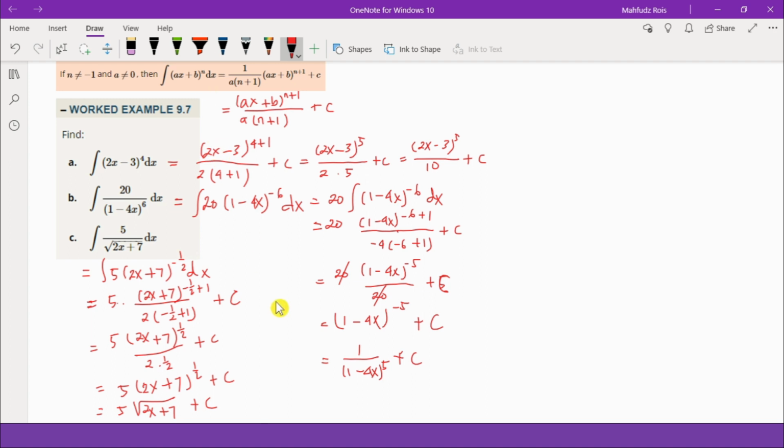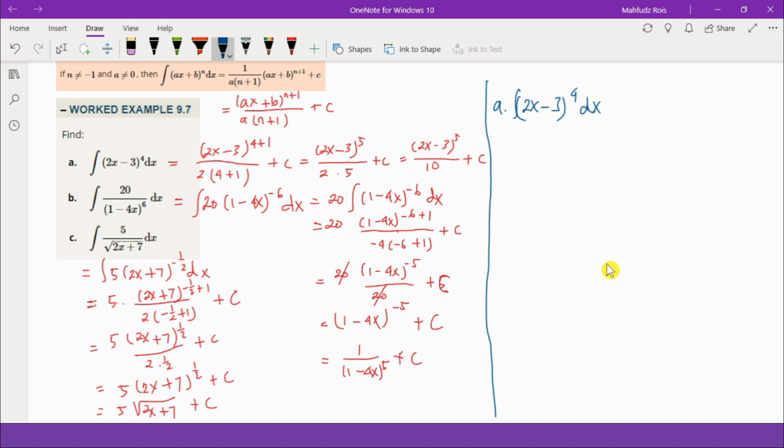Alright, now as I mentioned before, we can compare it by using substitution. Let's see how it works. For A first, the integral of (2x minus 3) to the 4 dx.